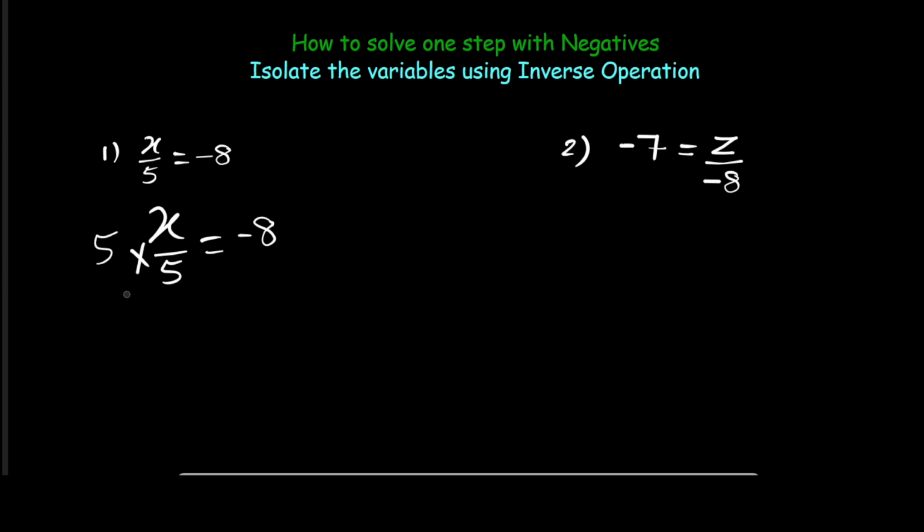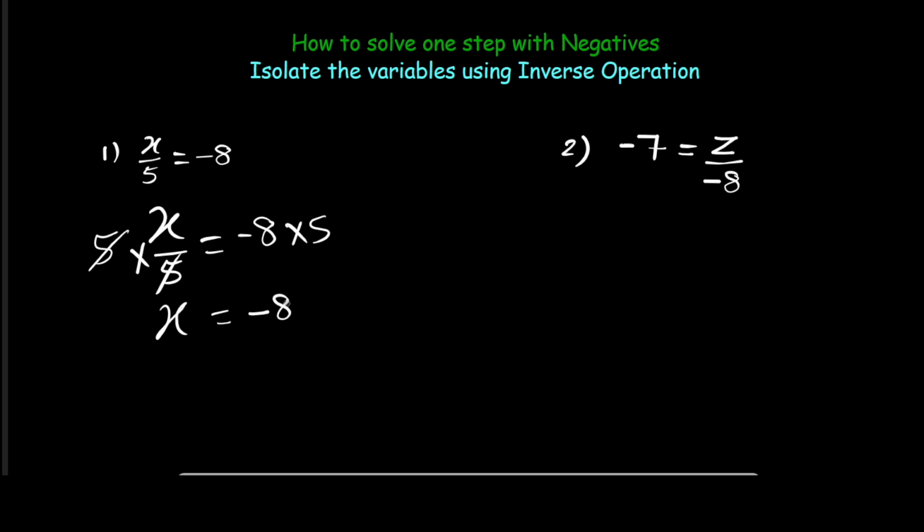Whatever we do to one side, we have to do the same to the other side to keep the equation balanced and equal. Here, the 5 is being multiplied to x and divided by 5, so 5 and 5 will cancel out and x is isolated. The variable is isolated here.